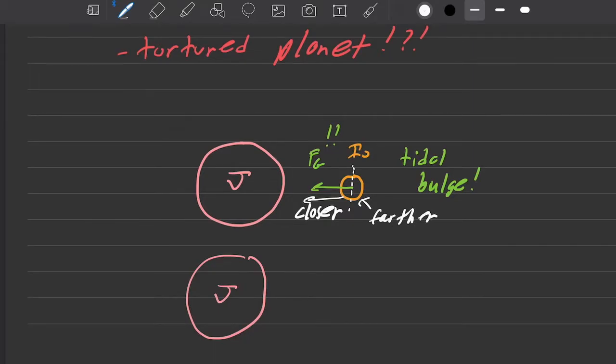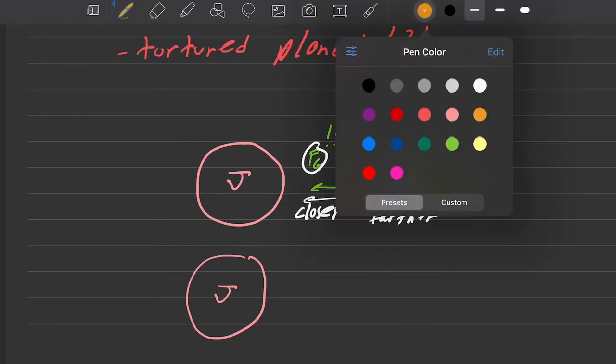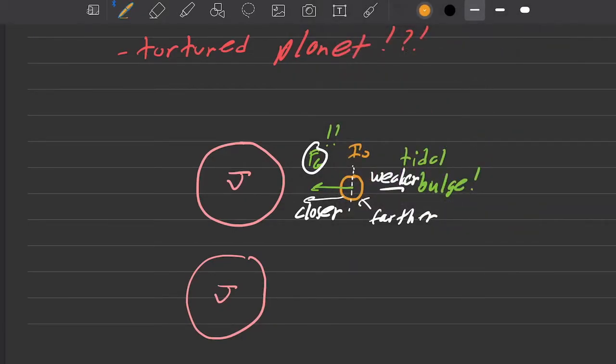So on this side gravity is going to be very, very strong, and over here gravity is going to be a bit weaker. And so the moon is going to elongate to look something like this. And again, more exclamation points, because it's going to be very extreme for this poor moon because of this big beast that it happens to find itself parked around.